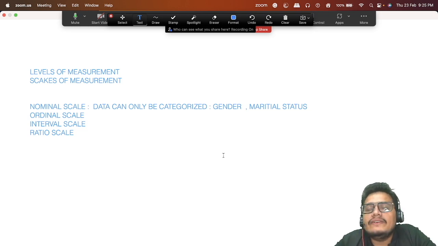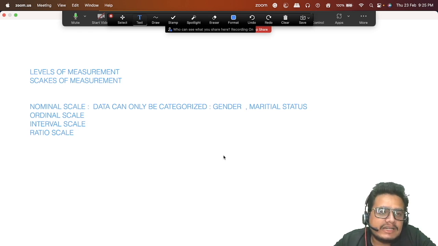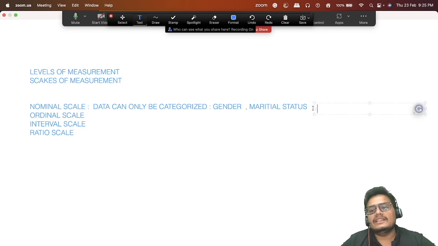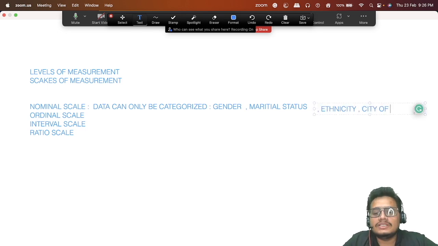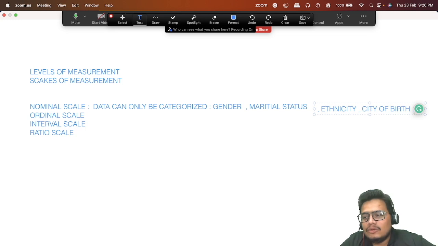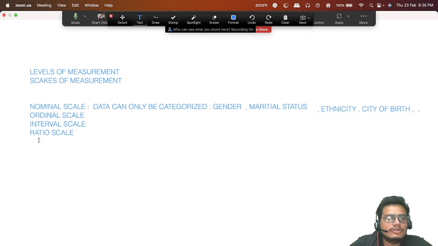Example, for gender we have two categories, male or female. Now we can't rank them. So can we say males are rank 1 and females are rank 2? No, we can't say this. Or on the basis of marital status we can't give them ranks. Or you can say ethnicity or city of birth. All of these can only be categorized. In the nominal scale we can only categorize them.